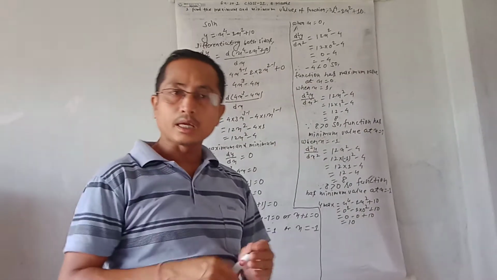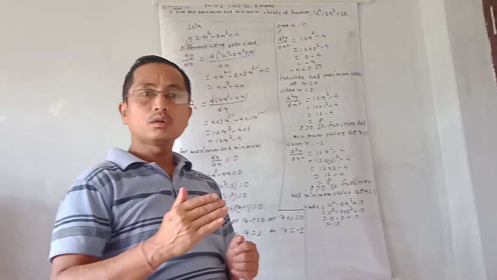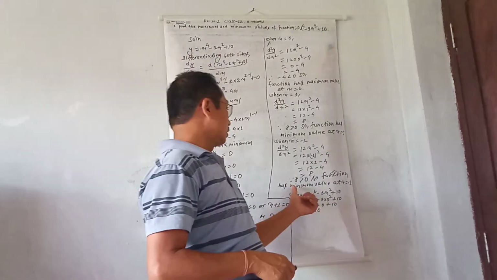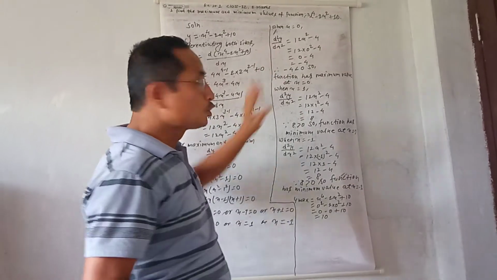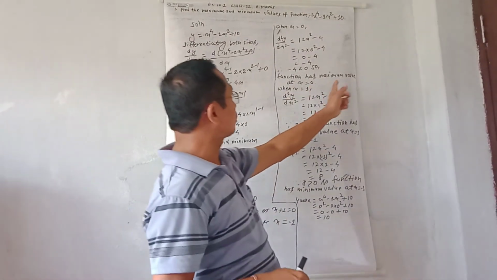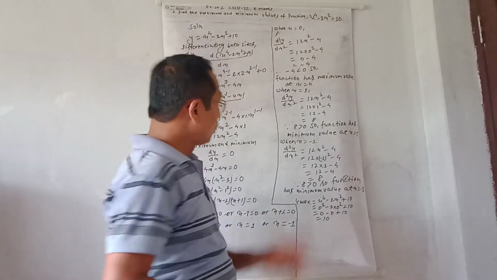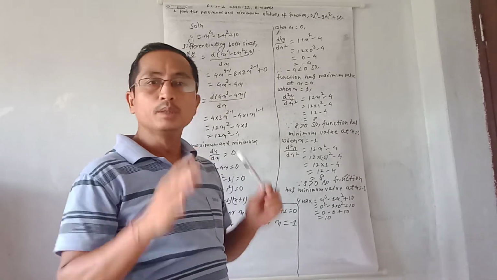The function can have one or more than one maximum value, and one or more than one minimum value. Here in this function, the function has only one maximum value, but two minimum values. When x is equal to 1, the function has the minimum value, and when x is equal to -1, the function has the minimum value.